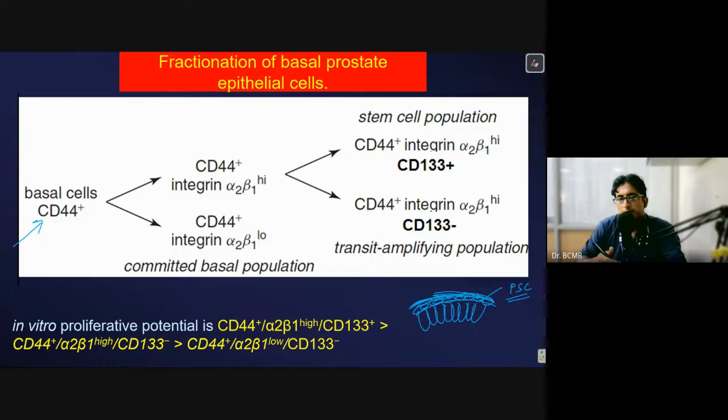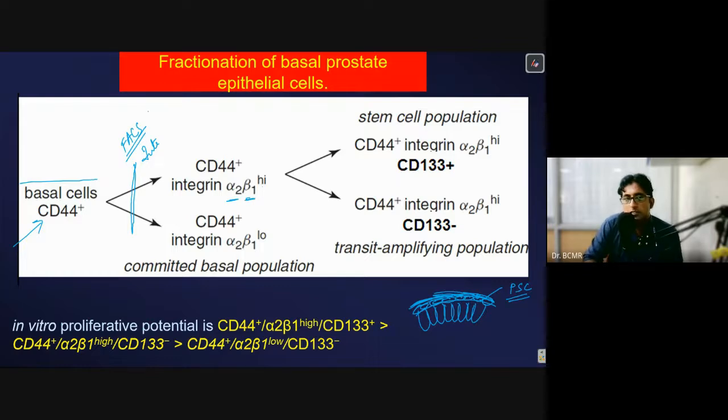Then they did FACS again. Through FACS, they separated all the basal cells. For the next round of FACS, they used antibodies against integrin alpha 2 beta 1.